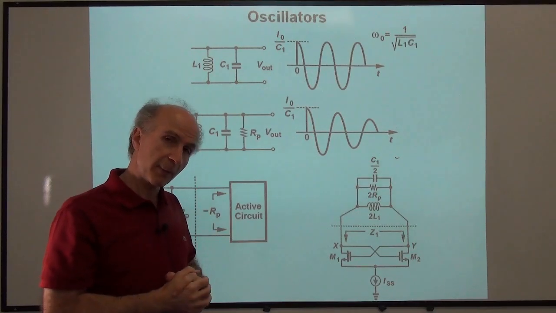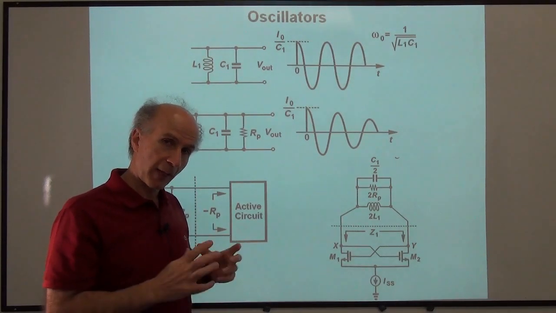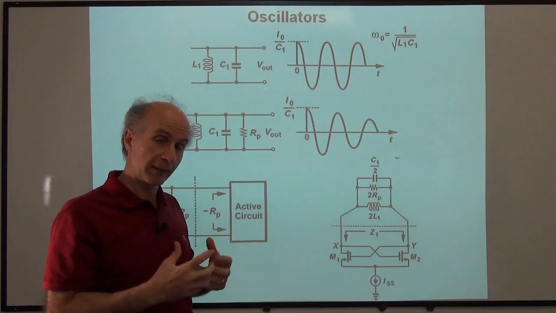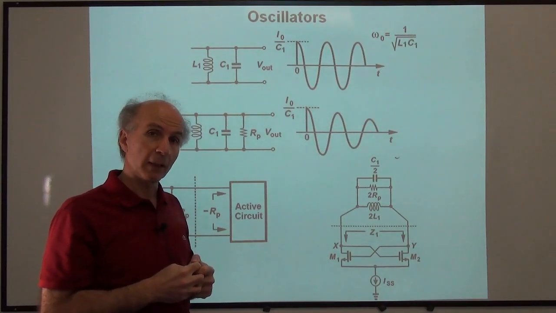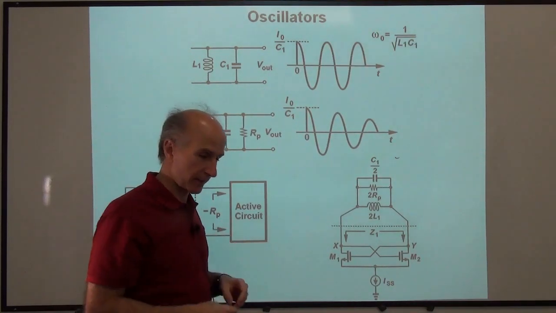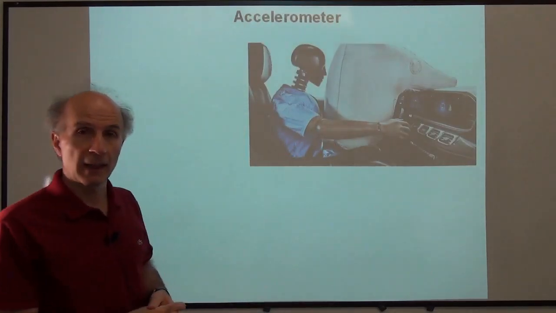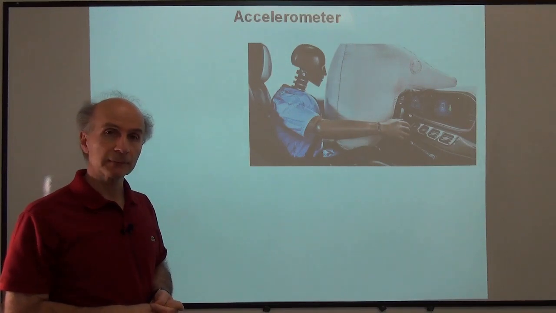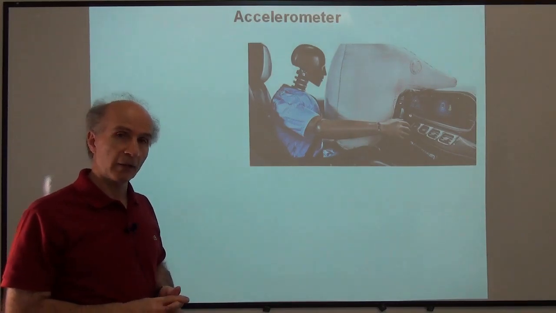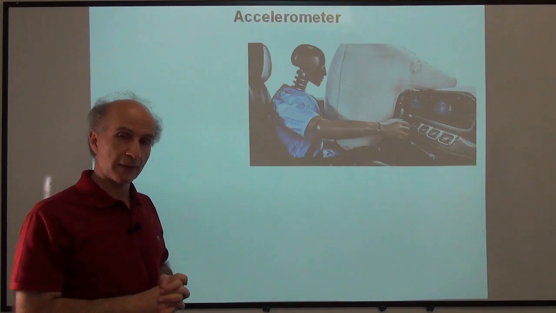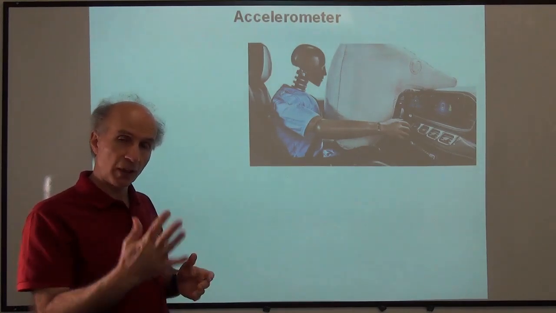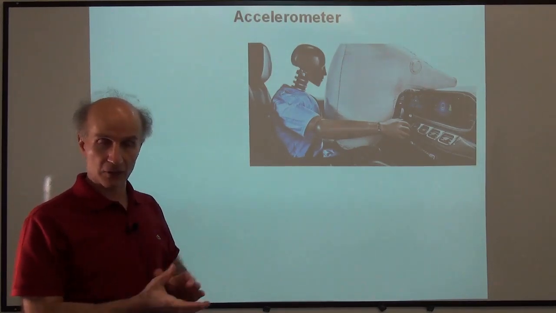But we are interested in something else here. If we know how to build an oscillator, we can also build some interesting devices. So here's an interesting situation, namely the accelerometer. We know that accelerometers are used in cars to detect sudden changes in the velocity. That's acceleration, right?